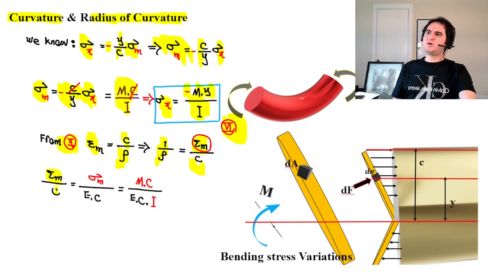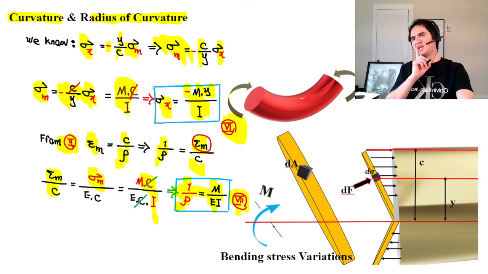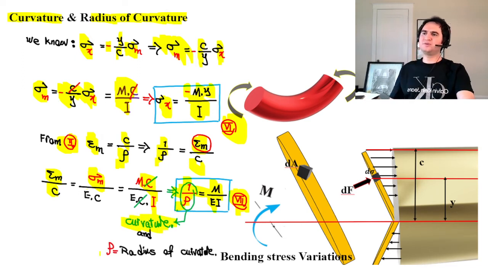And epsilon max over c is equal to sigma max over E times c in the denominator, and that's equal to Mc over I, since sigma max is just Mc over I. And if now we cancel out c from both numerator and denominator, it just gives us 1 over rho equals M over EI. And that's our seventh equation. And that's nothing but the curvature, and rho itself is the radius of curvature.